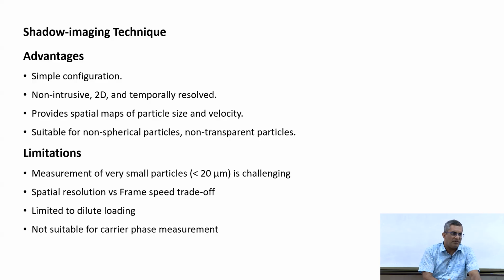The case I have shown is in a region of a spray where the number density is low, so you can see individual particles distinctly. But if you go towards the injector exit, then it will be very difficult to take measurements. And finally, this technique is not suitable for carrier phase flow measurements. So this is not for two-phase measurements. This is only to characterize particles.